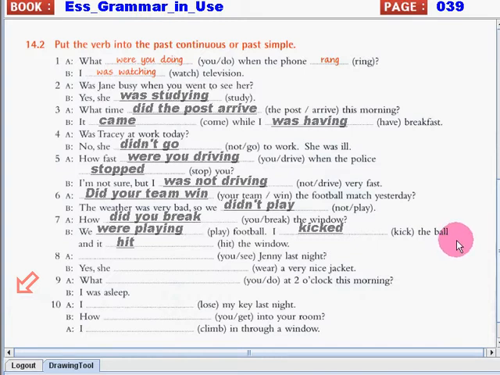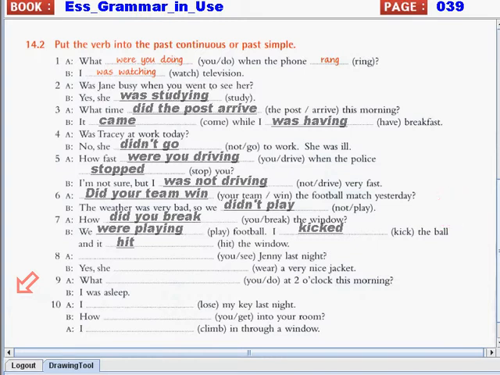It should be the first sentence. We were playing football. That has the past continuous tense. We were playing football, and in the middle of that action, some short actions happened. I kicked the ball and it hit the window. So that explains why the subject broke the window.